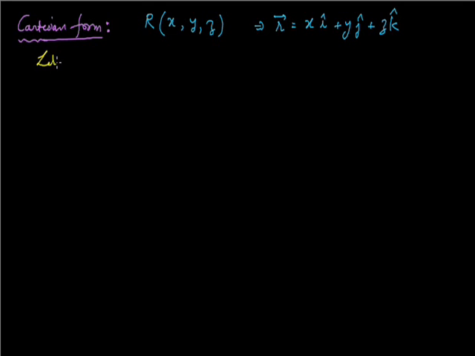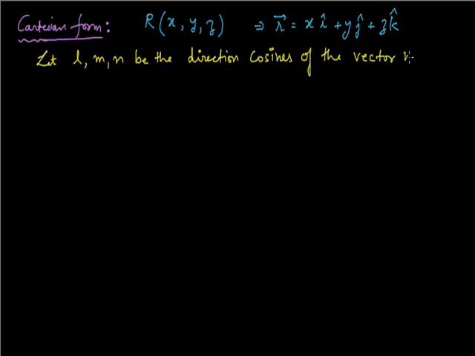Now let l, m, n be the direction cosines of the vector normal to the plane.